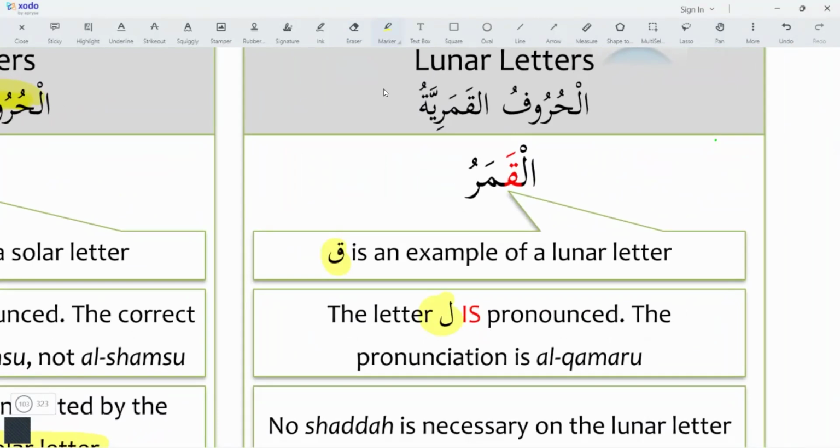The lam of alif lam is pronounced. The pronunciation is al-qamaru. So this is a difference between the haruful shamsiya and haruful qamariya. In haruful shamsiya, the lam of the alif lam is not pronounced, and in the haruful qamariya, the lam of the al is pronounced.